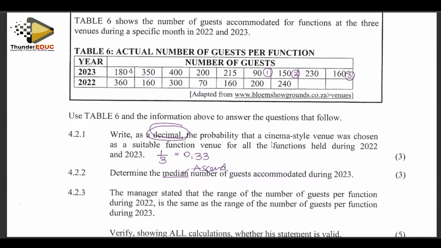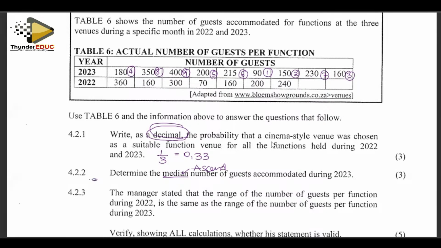So we have 4, followed by 5. We have 6. We have 7. Eventually we have 8 and 9. So there are 9 values. So let's arrange them again here as we answer.